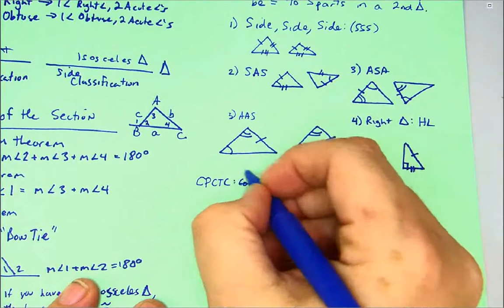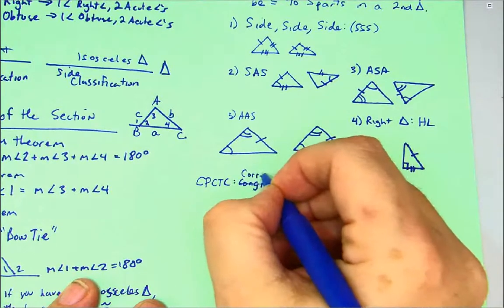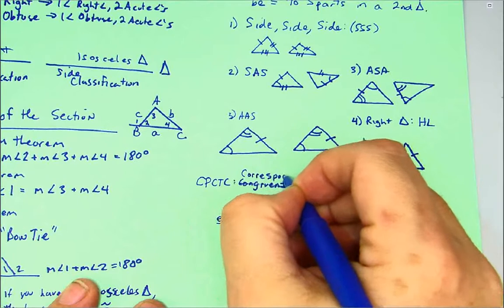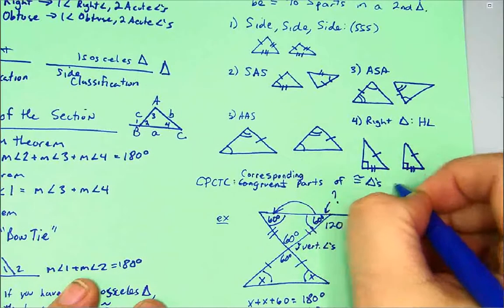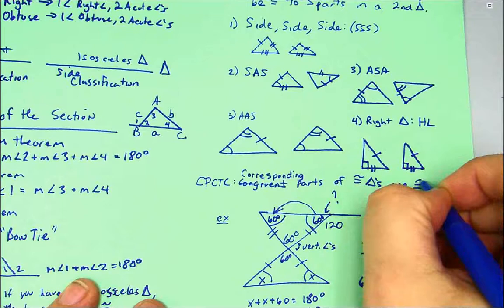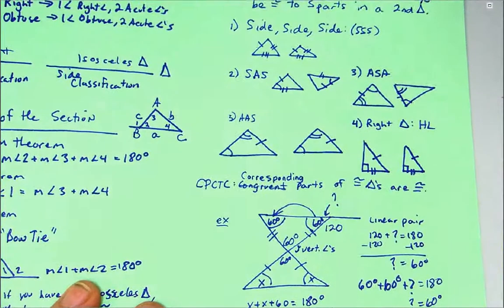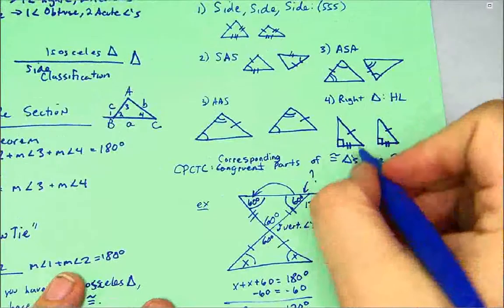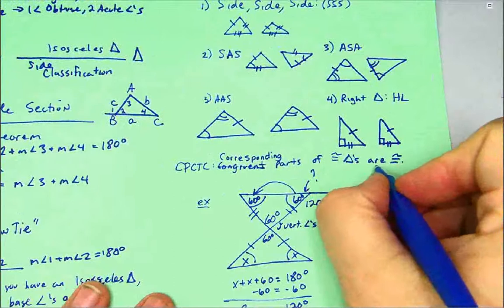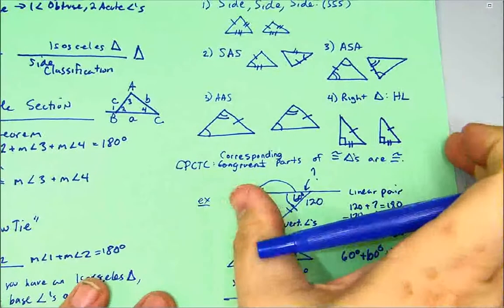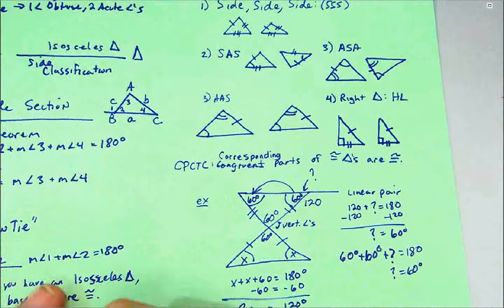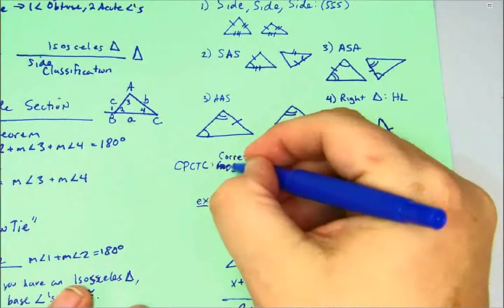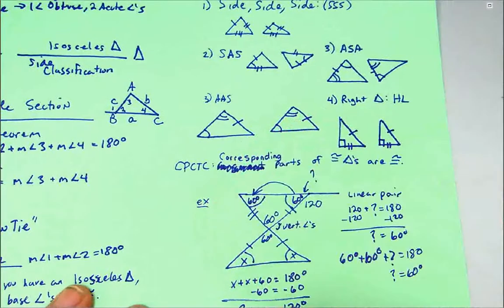They're not congruent. Sorry, the cold's getting me. Corresponding parts of congruent triangles are congruent. This will allow you to totally label both triangles and find relationships between sides and angles.